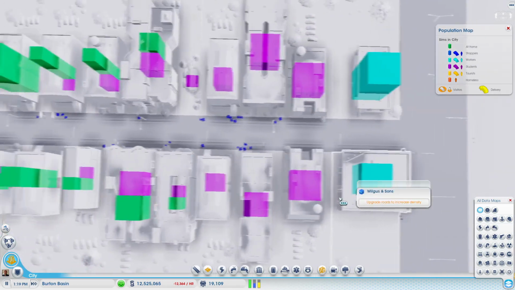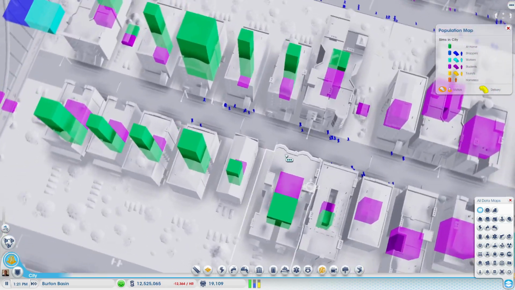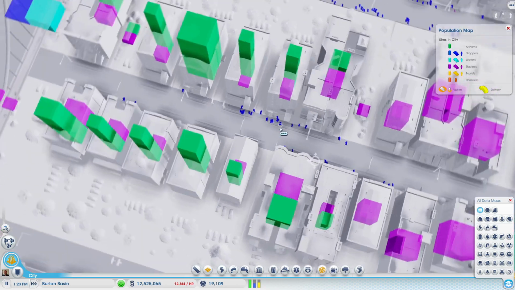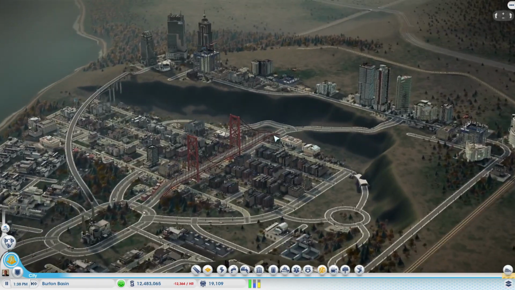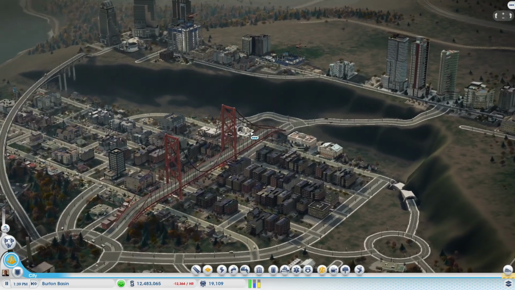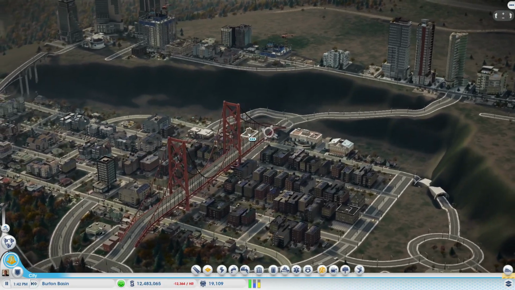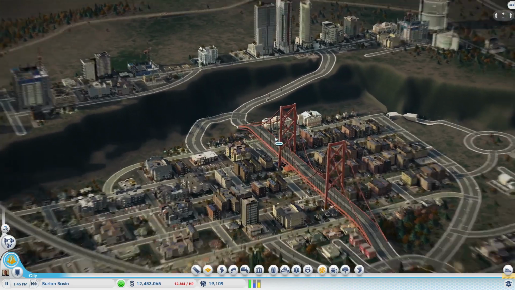Are they running into roadblocks as they're leaving their home? And you would really pay attention to this house that says that they can't find work. That's very important. Those are some tools at your disposal to monitor your city and make sure everything is going okay.